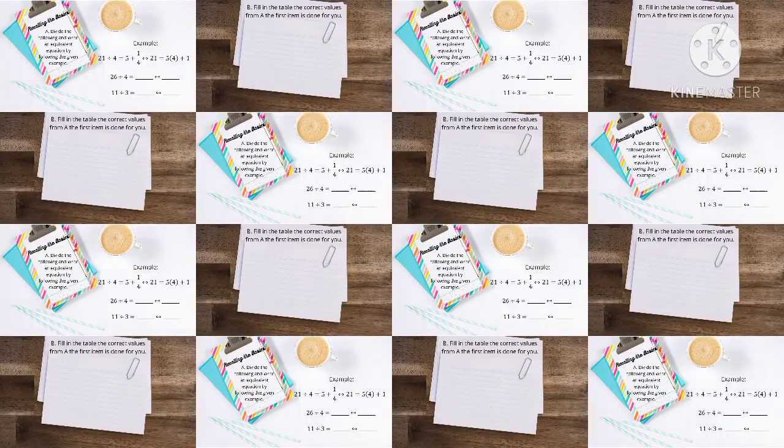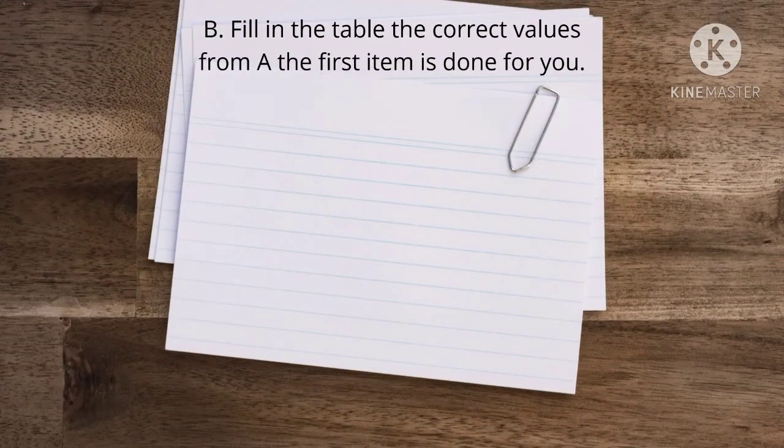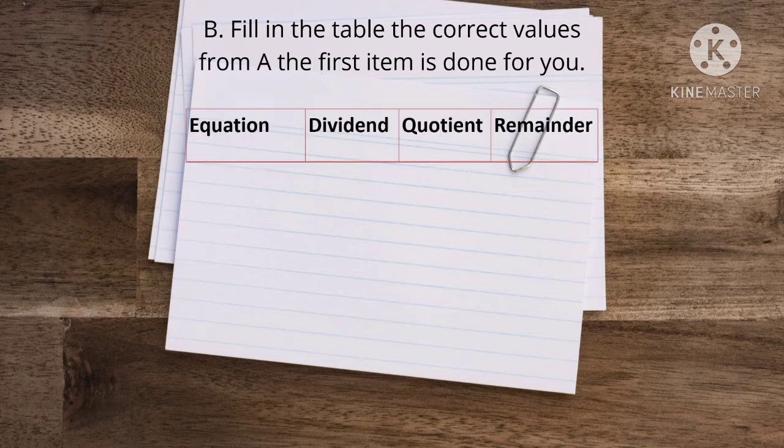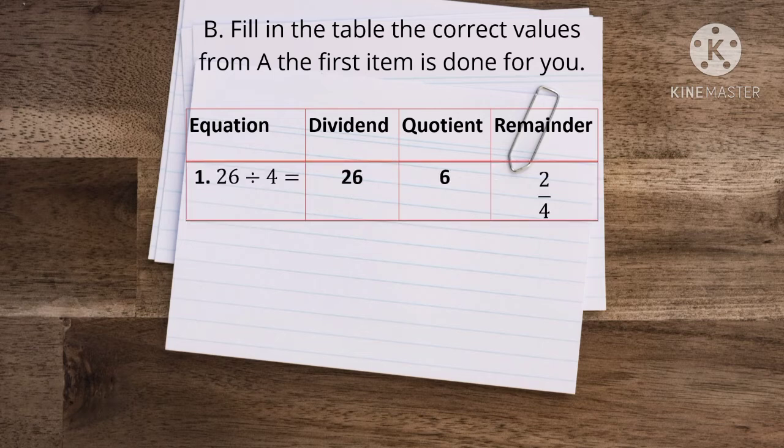So, in our table now, atong i-fill in ang mga correct values. The first item is done for you. We have equation, dividend, quotient, and remainder. So, sa atong 26 divided by 4, atong dividend is 26, atong quotient is 6, and the remainder is 2 over 4. Now, how about 11 divided by 3?